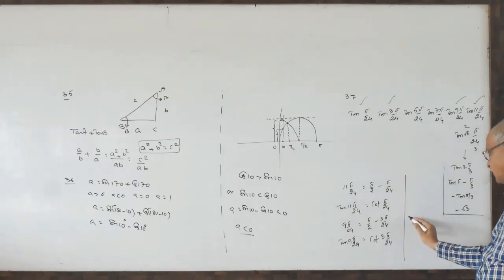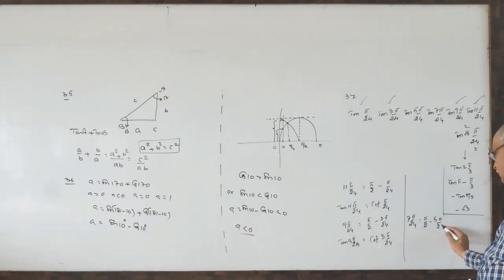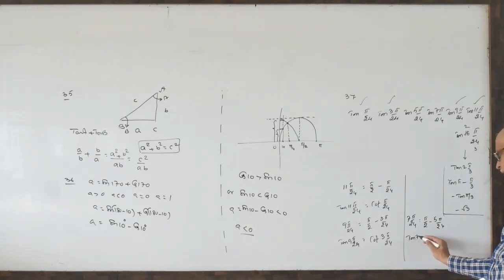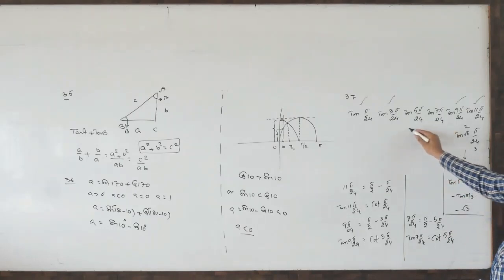Then the other one you can definitely find out. 7 pi by 24 can be written as pi by 2 minus 5 pi by 24. Tan of 7 pi by 24 is tan 90 minus theta, which is cot. Very good. Cot and tan cancel. All balance cancel.